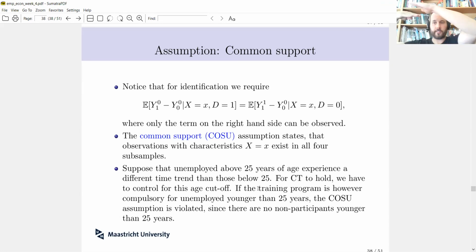So the parallel trends assumption in principle holds. However, it turns out that our job training program is compulsory for unemployed people that are younger than 25 years. And therefore, the common support assumption will not hold because I cannot find any non-participant that is younger than 25 years. So I really need people with the same characteristics in all 4 subgroups. Otherwise, this assumption is violated.